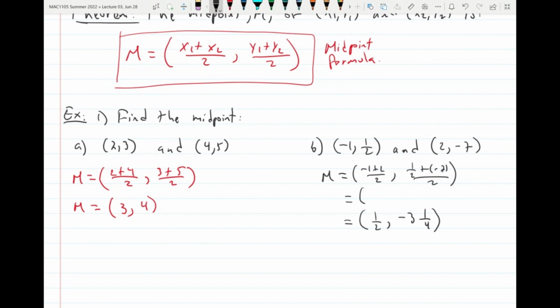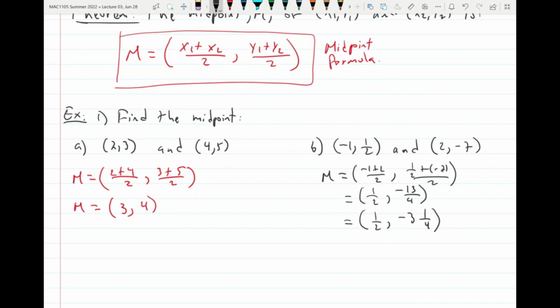Computing this, we get 1/2, and for this one, I'm going to multiply top and bottom by 2. You get 1 minus 14, that's -13 over 4. And that's the same thing as -3 1/4, because 3 times 4 is 12, plus 1 is 13.